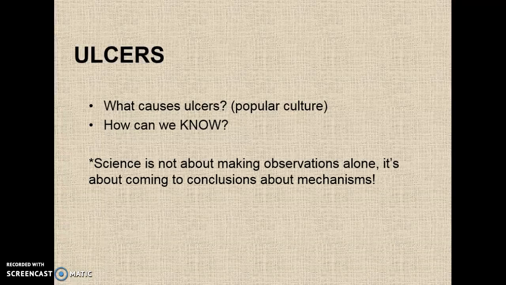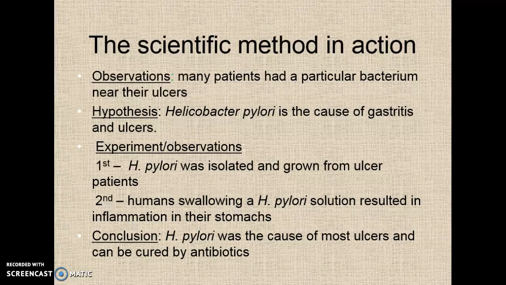Science is not about making observations alone. Rather, it's also coming to conclusions about mechanisms. What is actually going on within the experiment, within the system? So the scientific method in action here is going to begin with observations.